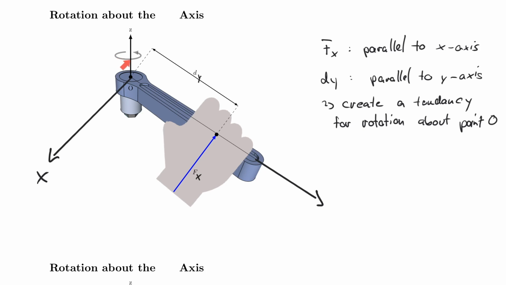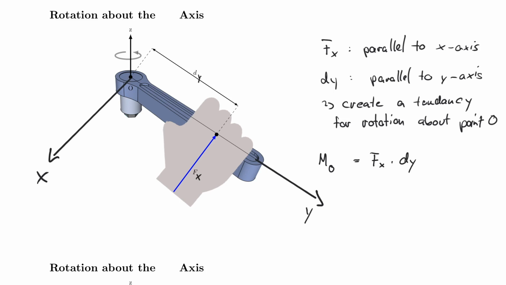And of course, you can already see here we're pushing in this direction, so we're trying to loosen the bolt actually. And now for the 3D description, right, we rotate from positive x to positive y. So if we rotate in that direction, then we actually end up with a positive z direction. So in this case, M about point O is equal to Fx times dy.